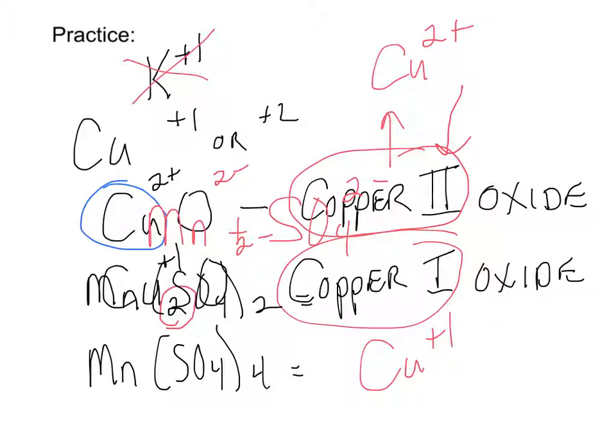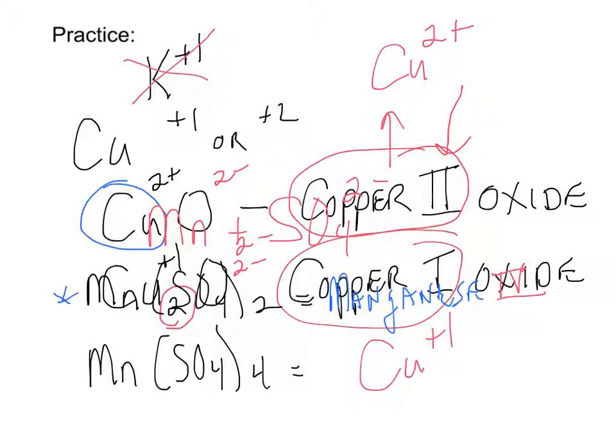So this one at number 1 is going to be manganese. We know that every one of these has a -2 charge, and I've got 2 of them, so this would be manganese 4.